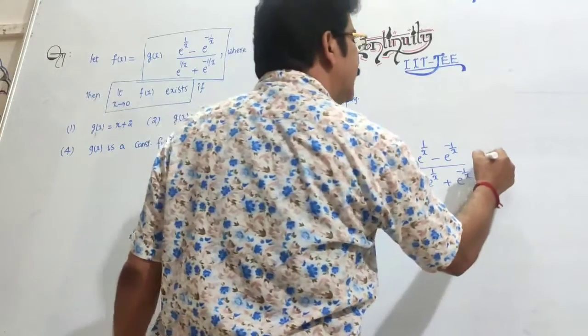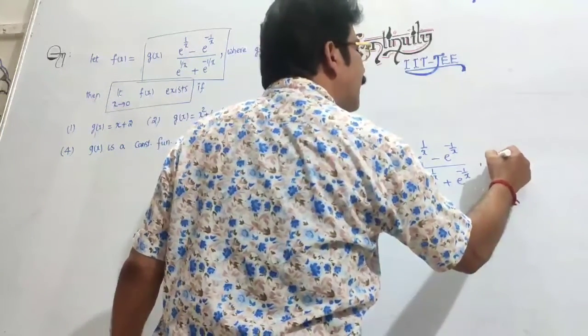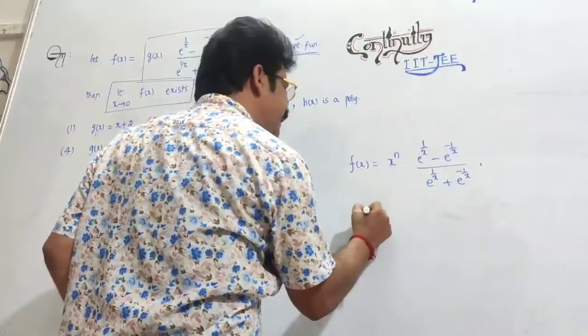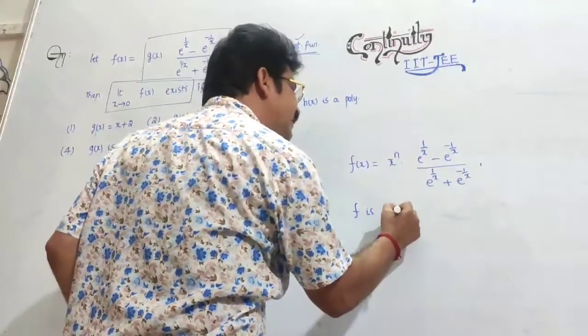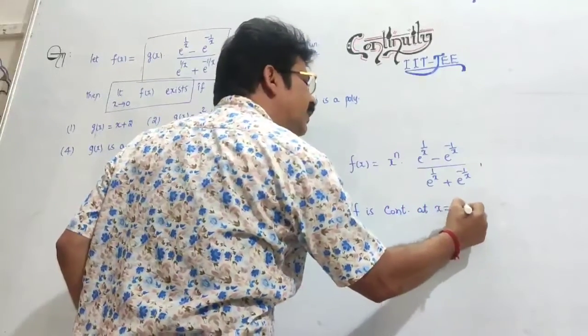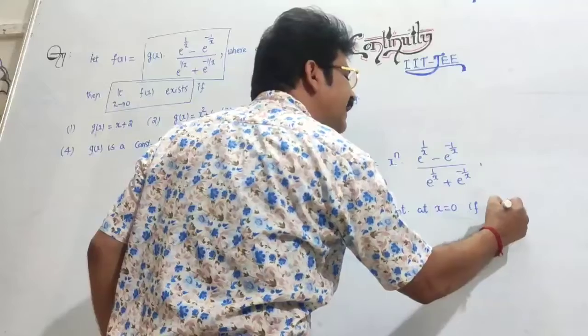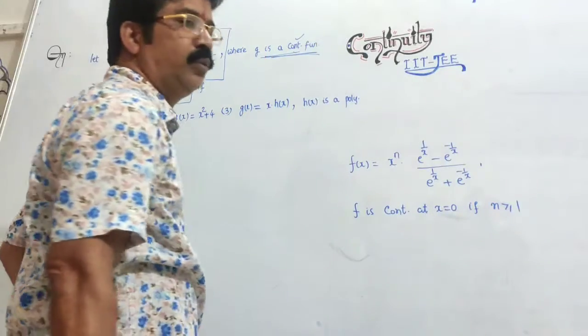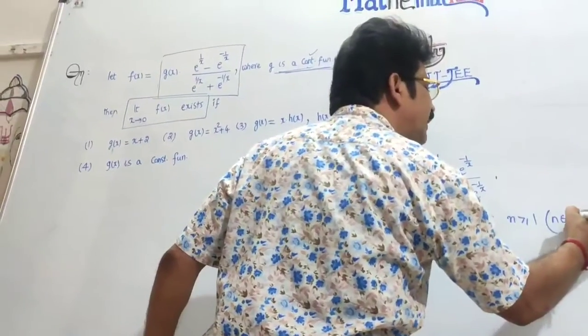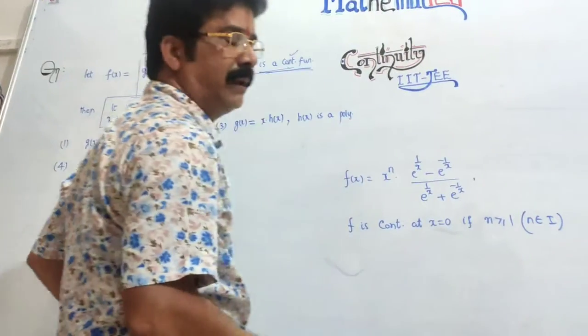It means f of x is continuous at x equal to 0 if n is greater than or equal to 1. N greater than or equal to 1 means n belongs to integers or natural numbers.